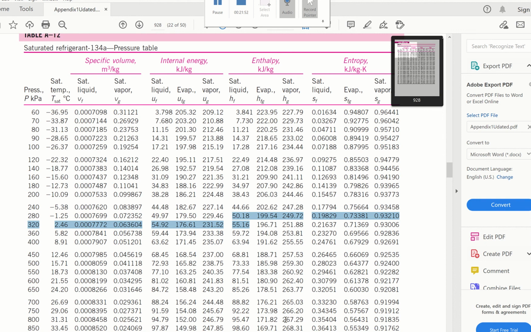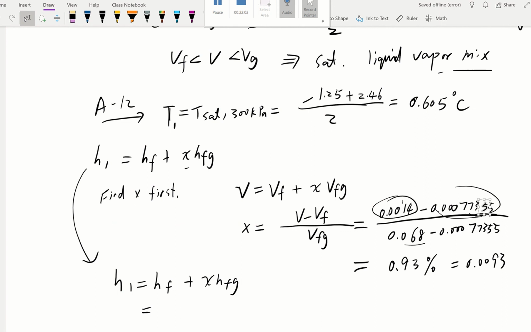I'm actually going to take a picture on this one. So it is half of 50.18 plus 55.16. That's our hf. And our quality is going to be 0.0093.